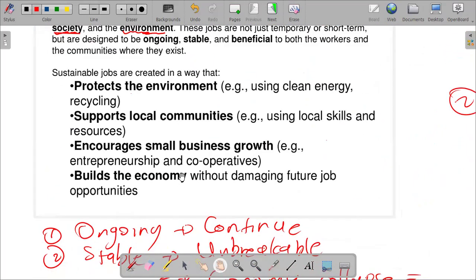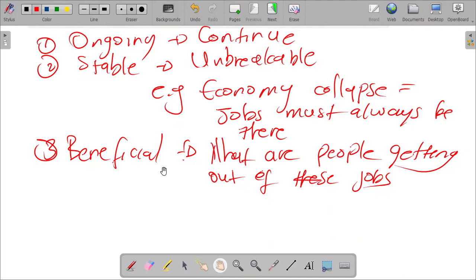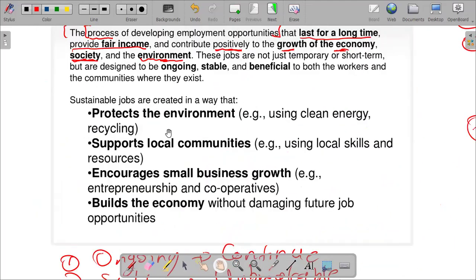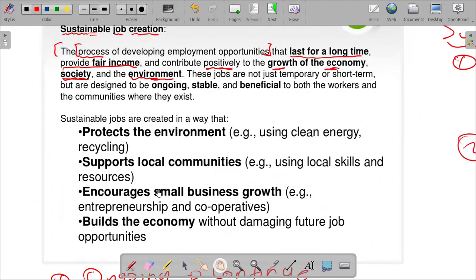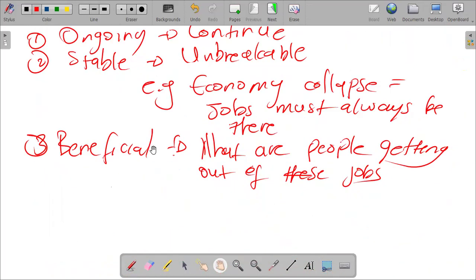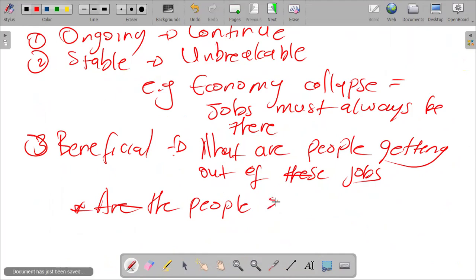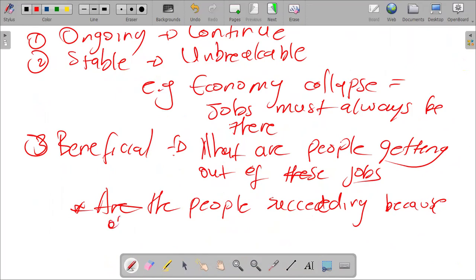And then, is the job providing a positive outcome? By that, we mean, are the people succeeding, or rather benefiting, because of this job, or of these jobs?